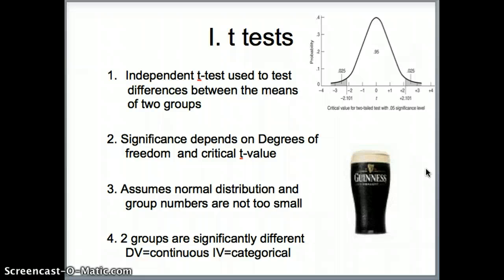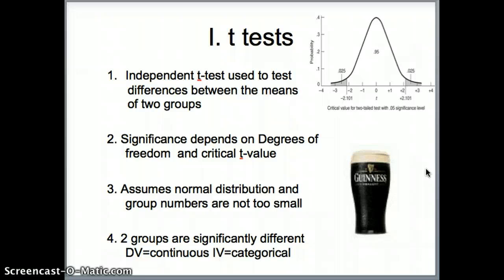So if you have more than two groups, the t-test is not an appropriate statistic. So it has to be male-female, it can be Republican, Democrat, etc. It cannot be something like freshman, sophomore, junior, senior. That's four groups, four levels to the independent variable, and so the t-test is not appropriate.